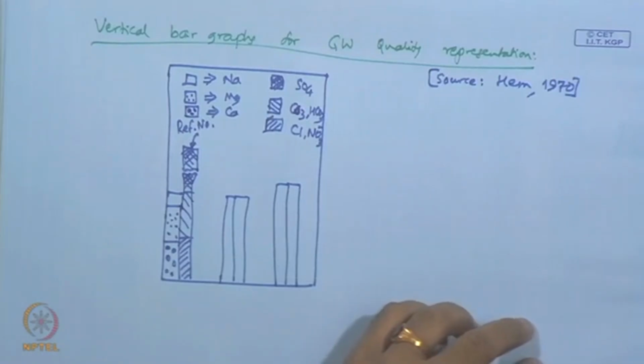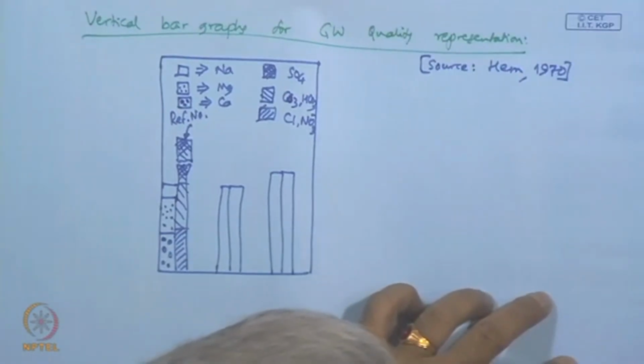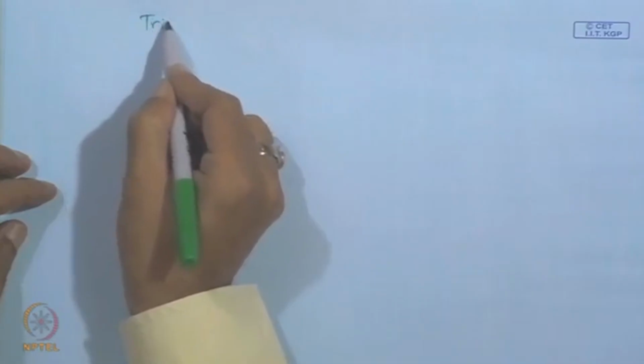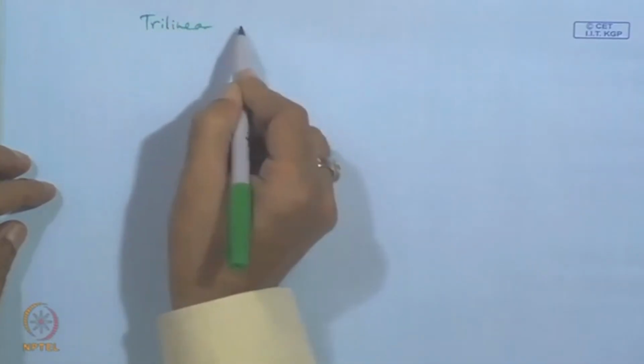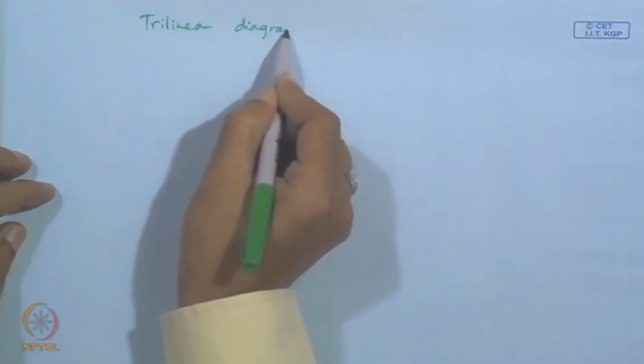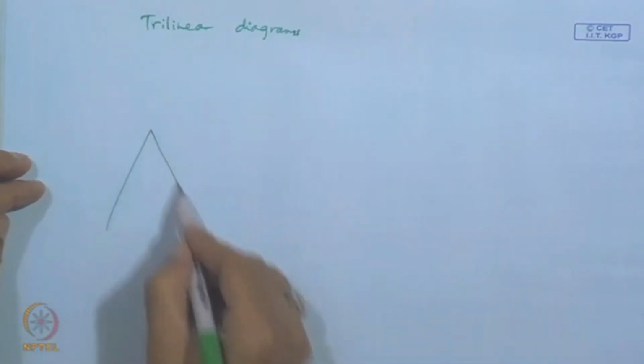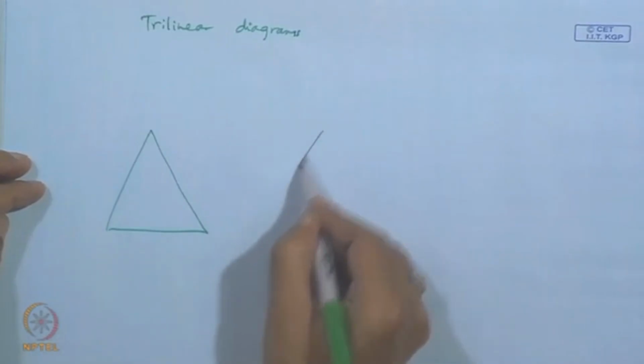So next we will go to the trilinear diagrams. Here there will be 3 triangles.